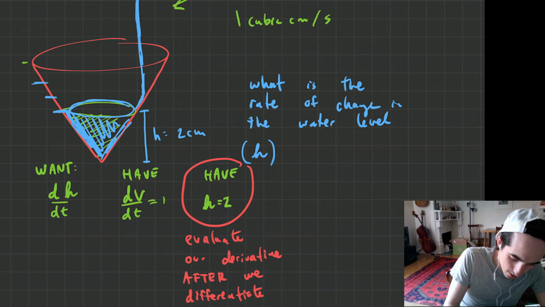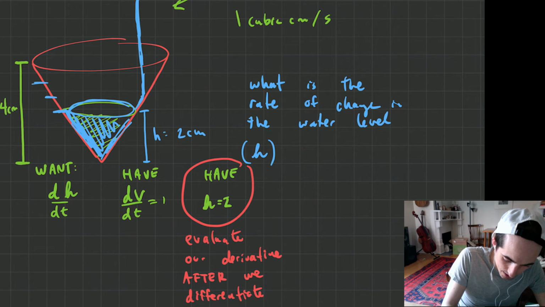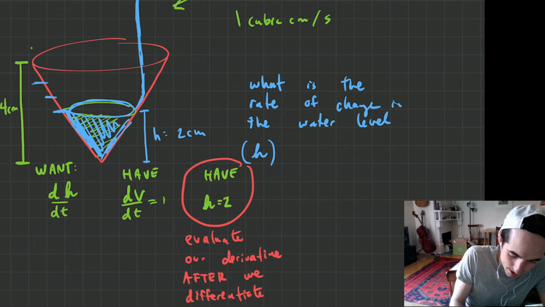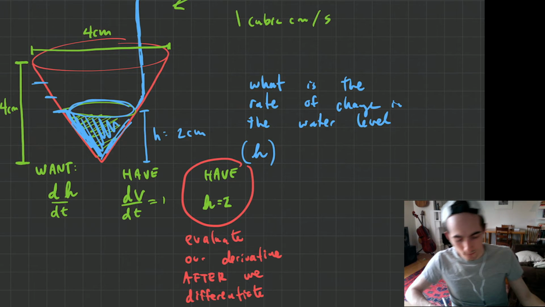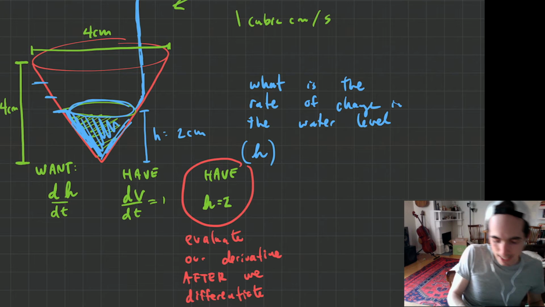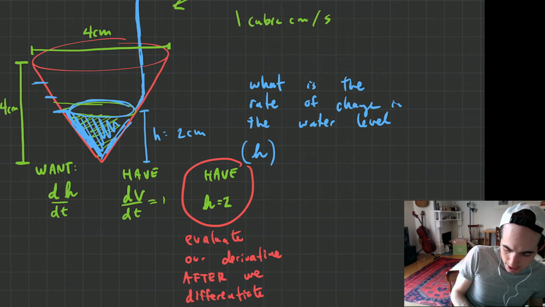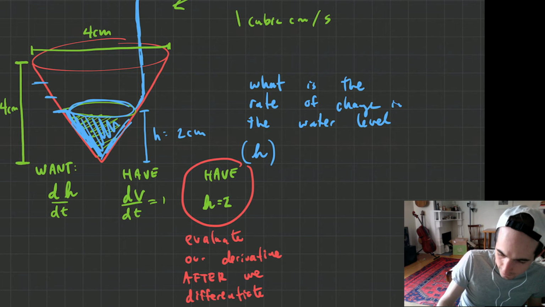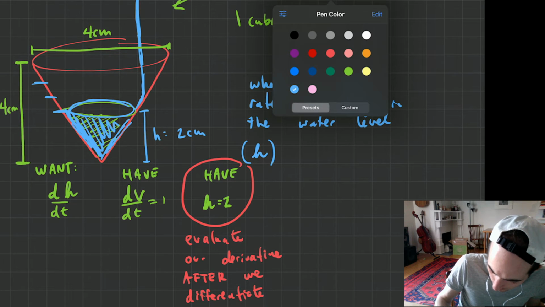So part of this is that the height of the overall cone is 4 centimeters, and the diameter of the entire cone is also 4 centimeters. Okay, so that means if you took any sort of section of this cone, here, let me use a different color so you can really see what's going on.